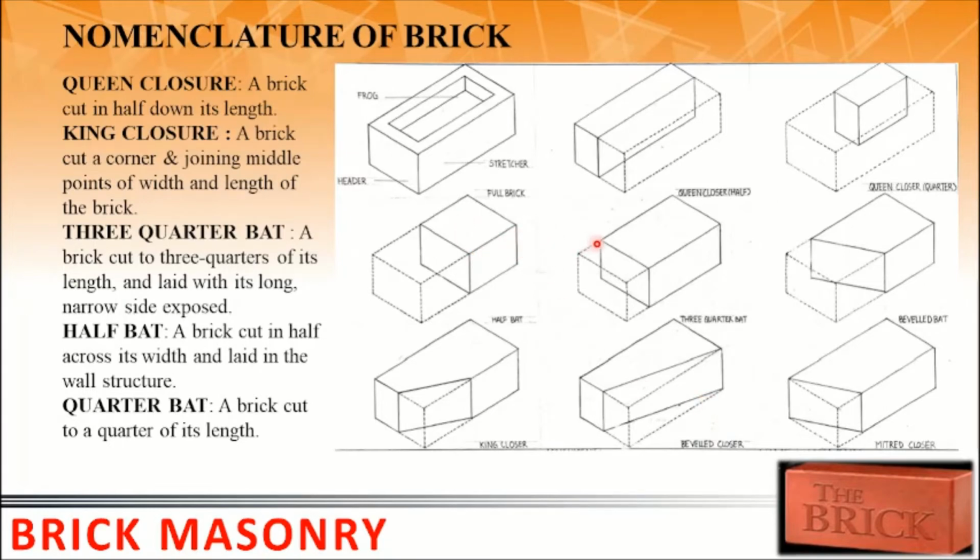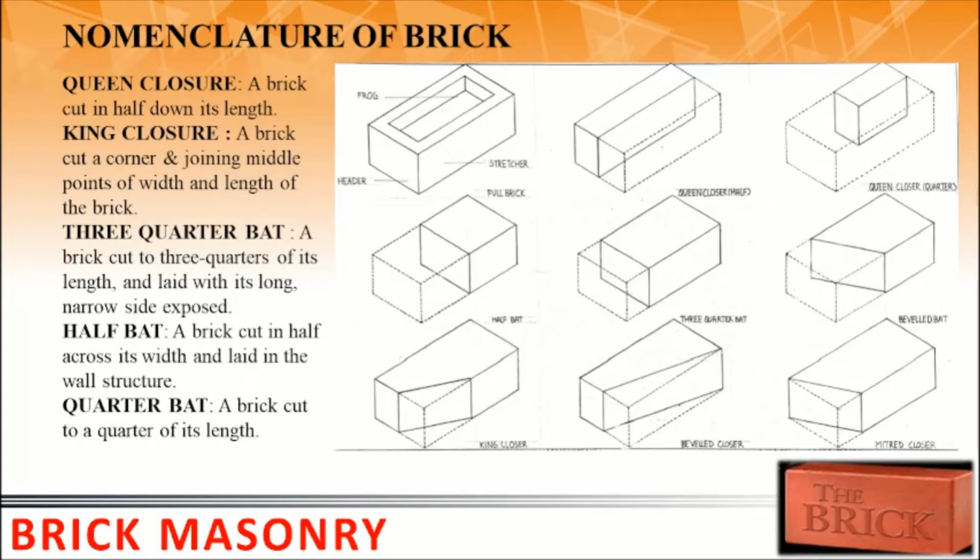Queen closers and bats are used in the bonds, which I will tell you in the further videos, like how they are used and where they are used. So if we talk about the definition of these, a queen closer, a brick cut in half down its length.